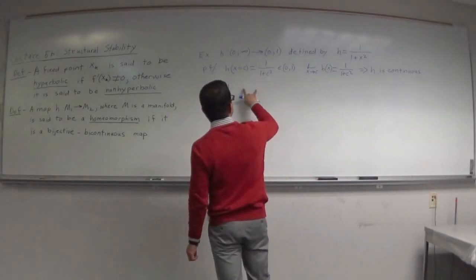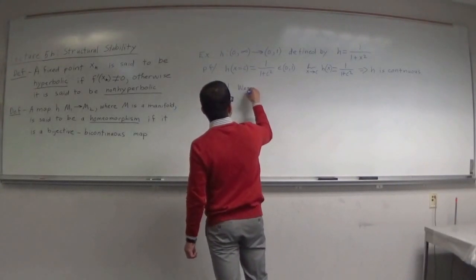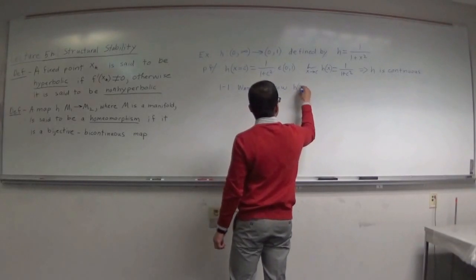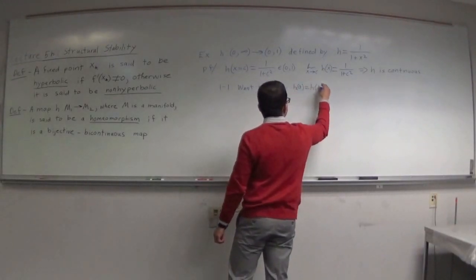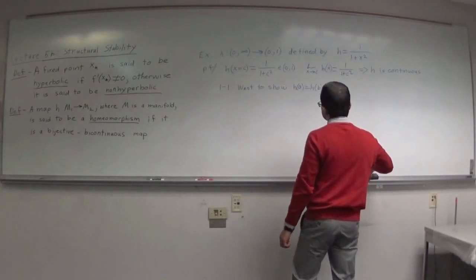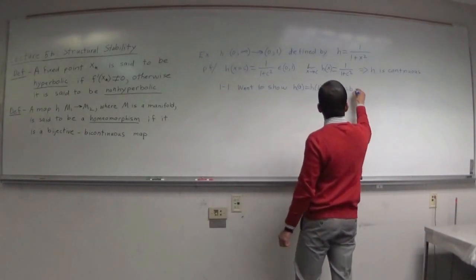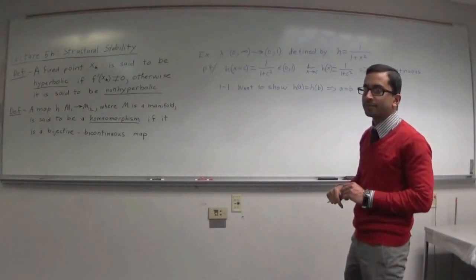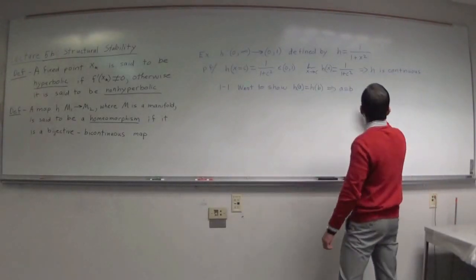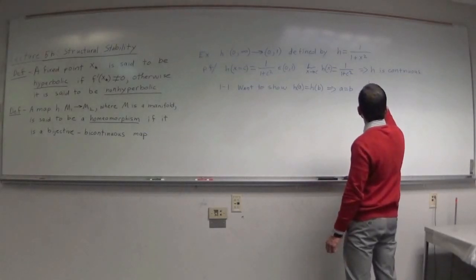So we want to show that if h of A equals h of B, then A equals B. So you want to show this. So let's go ahead and do that. So h of A is going to be 1 over 1 plus A squared.